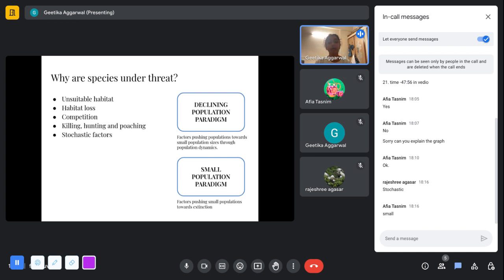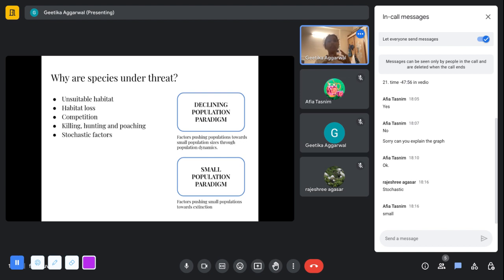Small. Okay, yeah. So these stochastic factors fall under the small population paradigm, because these are the factors that can provide that small nudge to an already small population to tip it over to extinction. So these are factors like forest fires or floods or all these things.